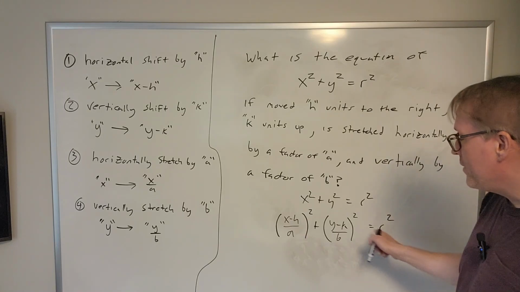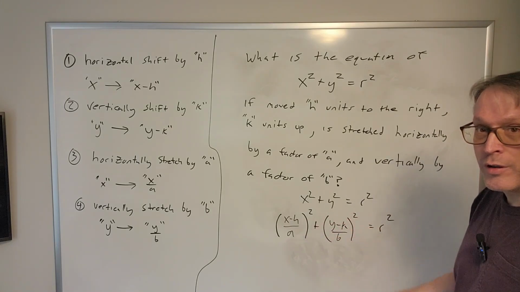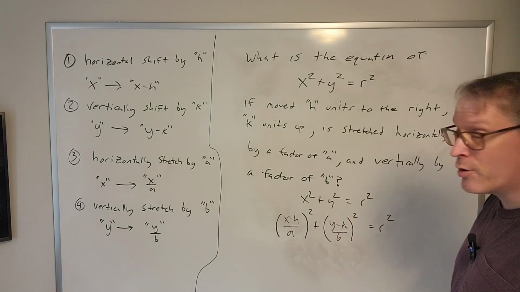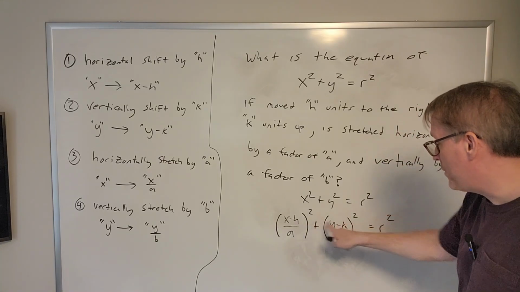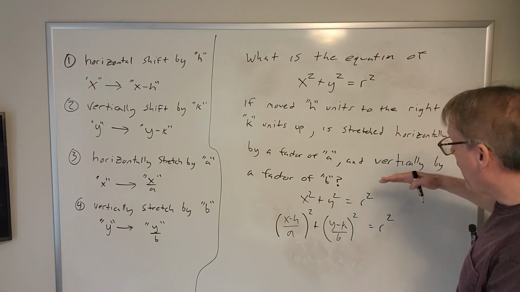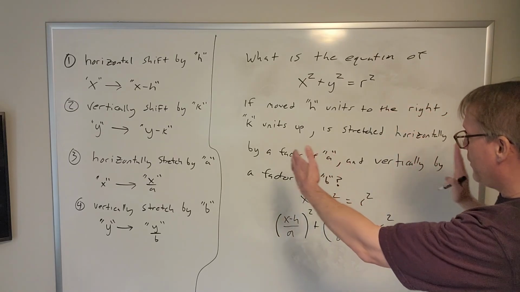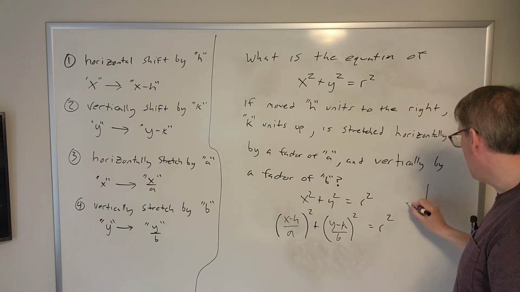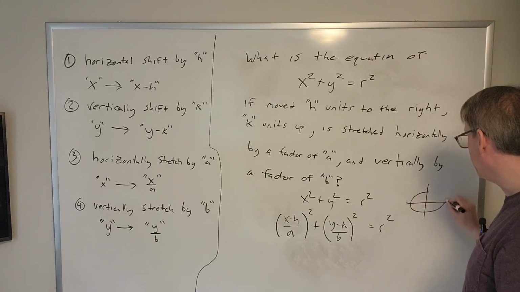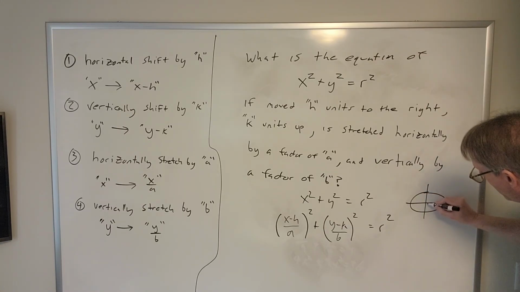By the way, this is the generic formula for an ellipse. And that's all an ellipse is. Move it wherever you want, and then move it to h, k, and it's a in the horizontal direction and b in the vertical direction. So if you have something like this right here, that distance would be a.